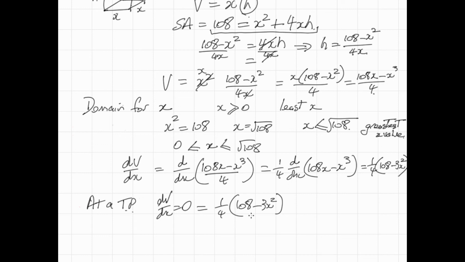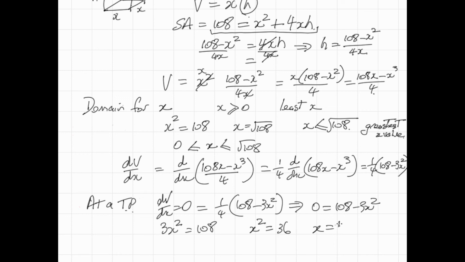We're going to solve for x here. Multiply both sides by 4, and we get 0 equals 108 minus 3x squared. Bring the 3x squared over to the left hand side, 3x squared equals 108. Divide right through by 3 and you get x squared equals 36.